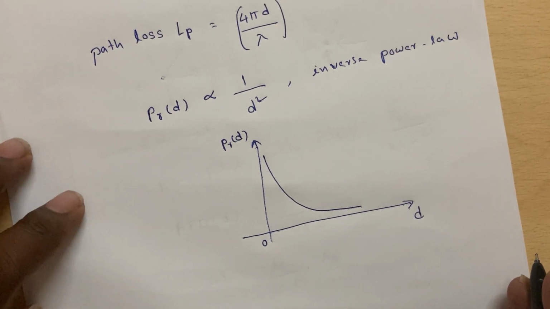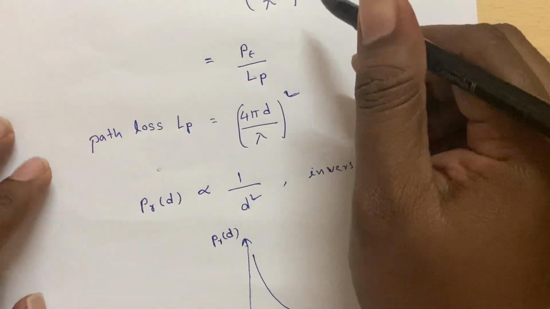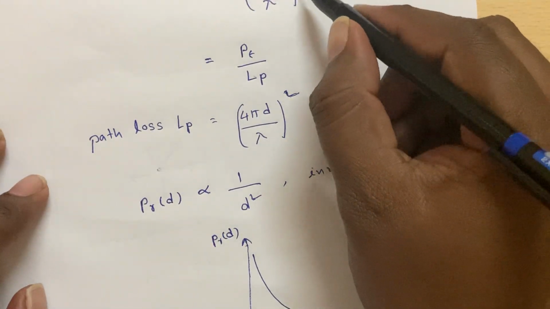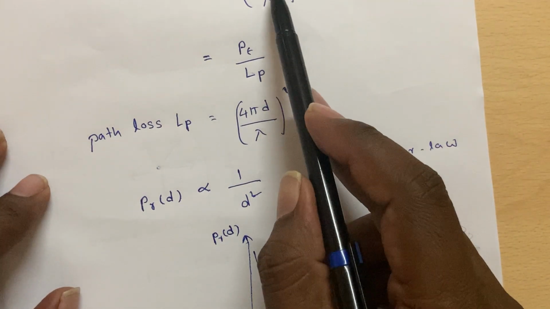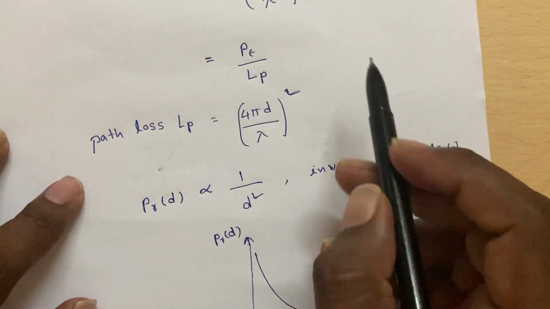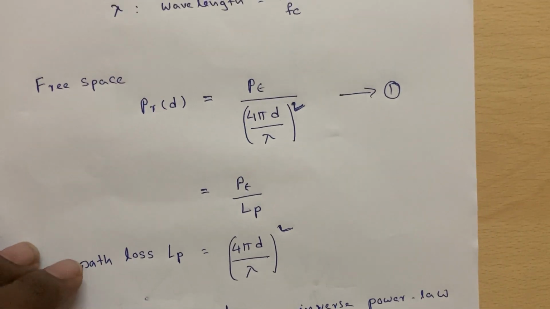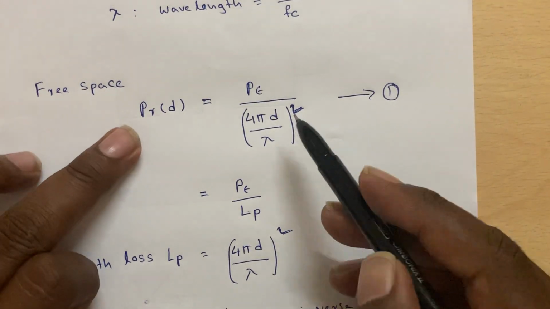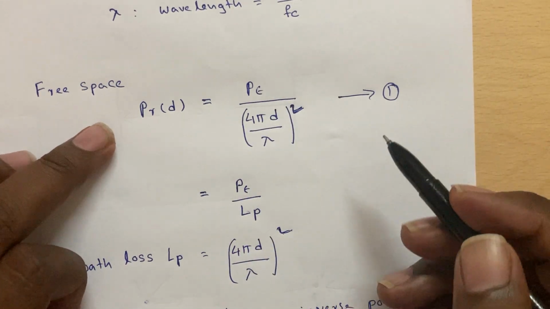One more thing to mention here is that with this equation we cannot find the received power for a smaller value of distance d. For example, if I substitute d equal to 0, then the received power will be infinity, right?